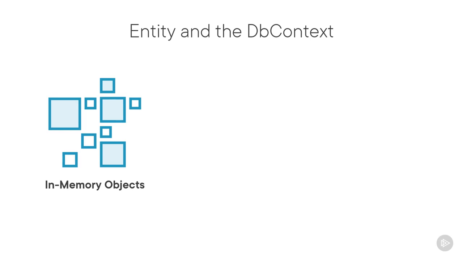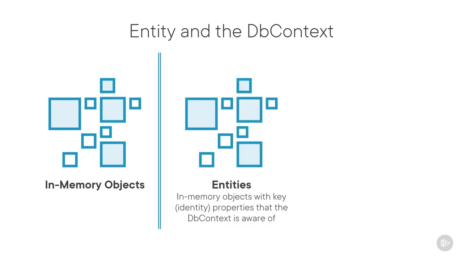When the DB context is aware of one of those objects, in other words, it has had some reason to create one of those entity entry change tracker objects, then we refer to that in-memory object as an entity. There's another critical aspect of an object required for it to be an entity and for EF Core to be able to track it. It must have a key property.